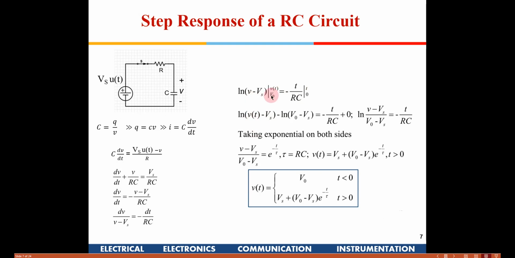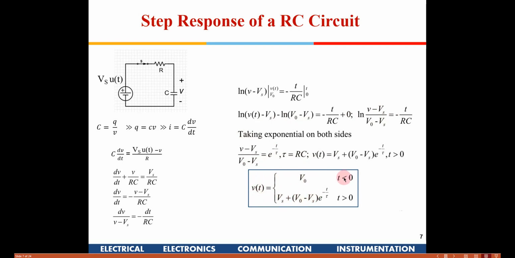Putting these limits, you get minus t by RC plus 0. For t equal to 0, this becomes 0. For t equal to t, this is the equation. Now this is a difference of two log terms, so I brought it to the denominator, and then subsequently take the exponential. If you just rewrite it, it looks like this.